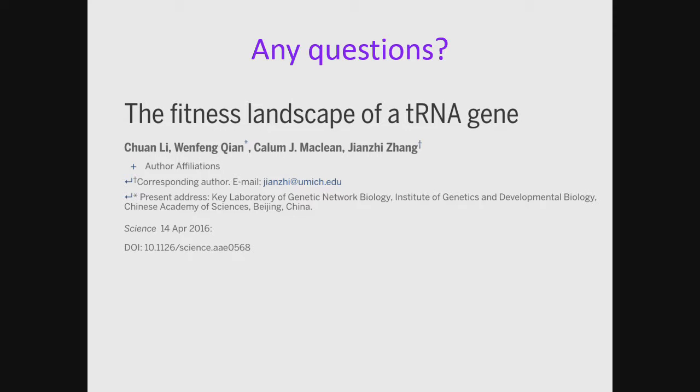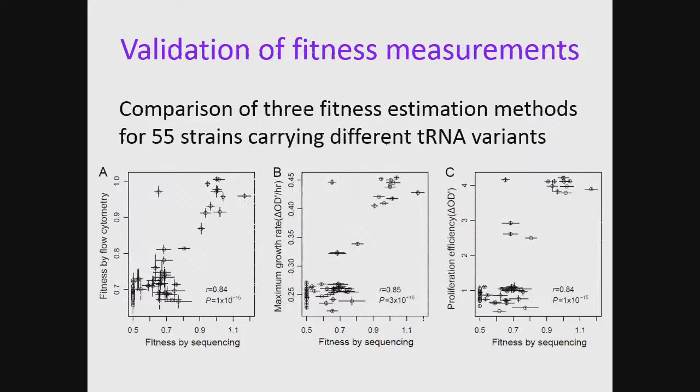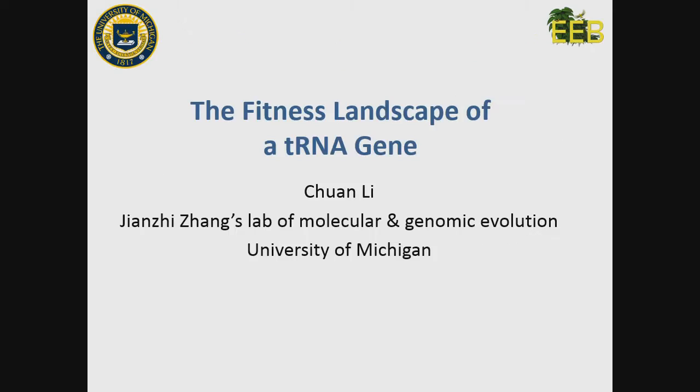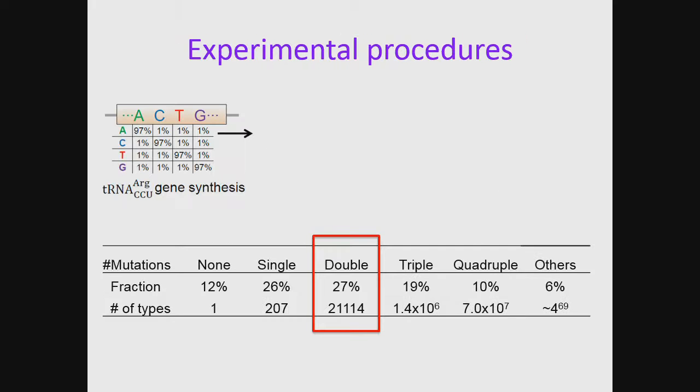And there are also many cases, some fraction of cases observed for double and triple mutants. Yeah, so indeed, some of them tend to be beneficial. However, this is under high temperature challenge, so we don't know how well they will do under 30 degrees Celsius or natural environment. Thanks.